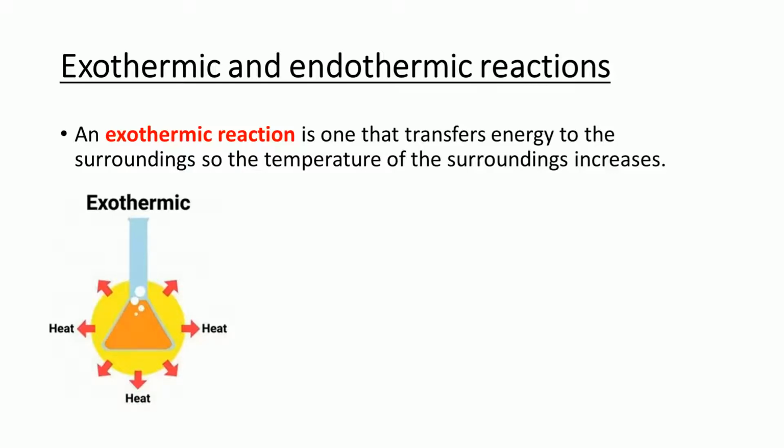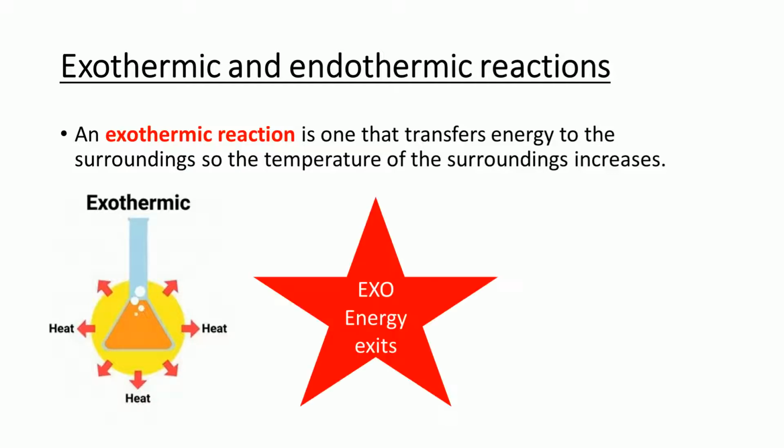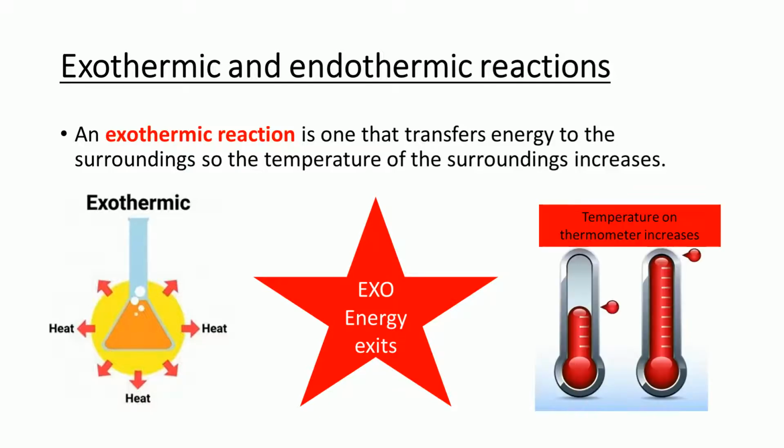Now that energy could be in the form of heat, light, or any type of energy. Exo means that energy is exiting our chemical reaction. And if we had a thermometer, the temperature would increase. So in exothermic reactions, energy is exiting and the temperature on our thermometer increases.